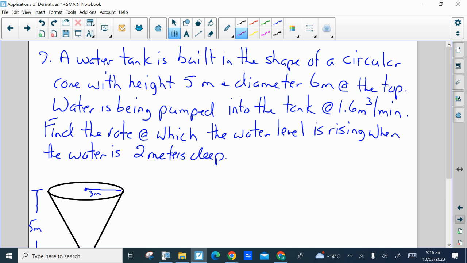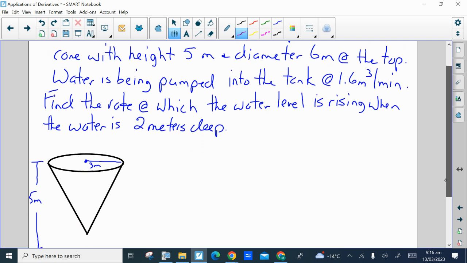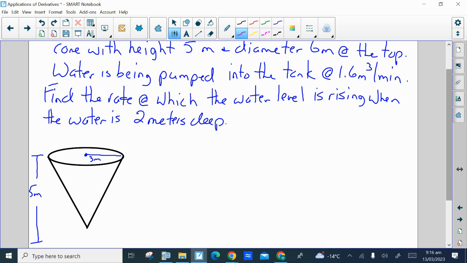It has a height of 5 meters and a diameter of 6 meters at the top, which means the radius is 3 meters. Water is being pumped into the tank at 1.6 meters cubed per minute. Find the rate at which the water level is rising at the moment when the water is 2 meters deep.